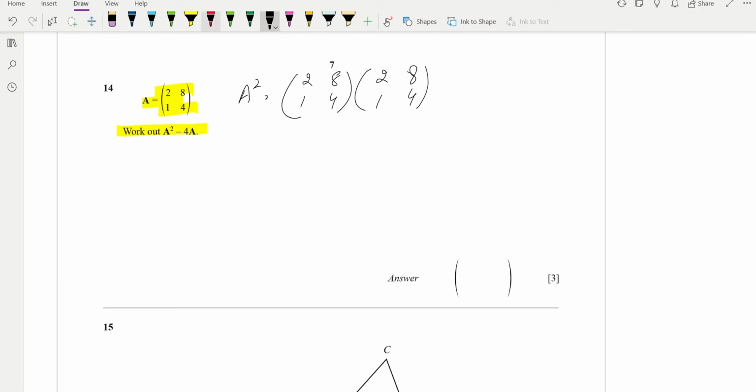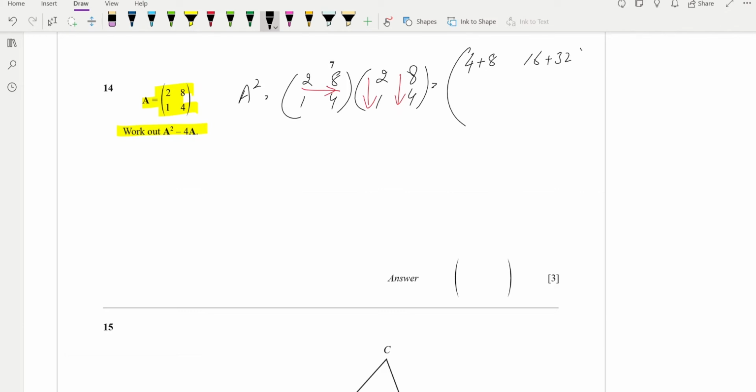First row first column will be equal to 2 into 2, 4, plus 8 into 1 will be 8, so 4 plus 8. Then first row and second column will be equal to 16 plus 32.